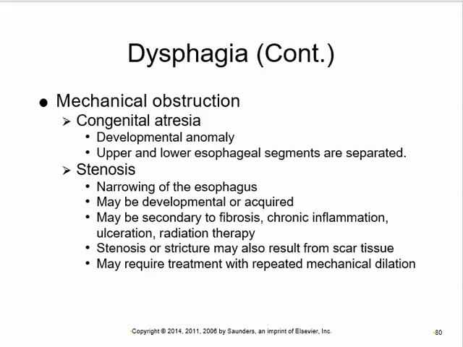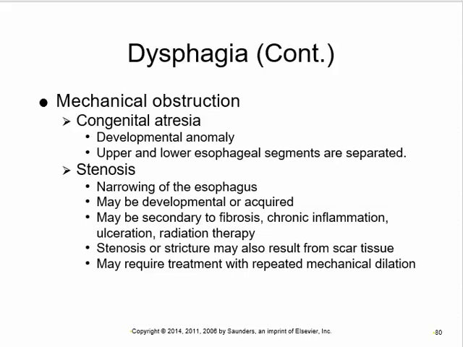Developmentally, one grows up from the stomach, the other grows down from the pharynx, and they meet and they fuse. If that doesn't happen, you have a congenital atresia. This doesn't affect a baby in the womb because they don't eat. However, once it's time to feed, this is not a good thing.